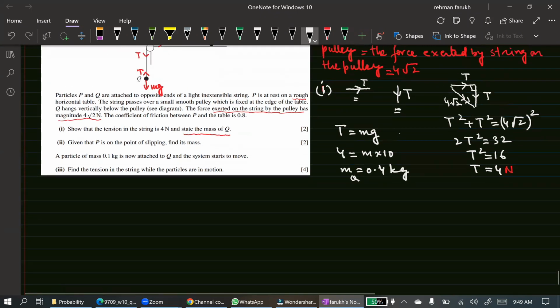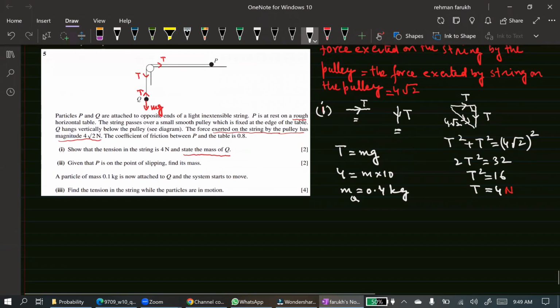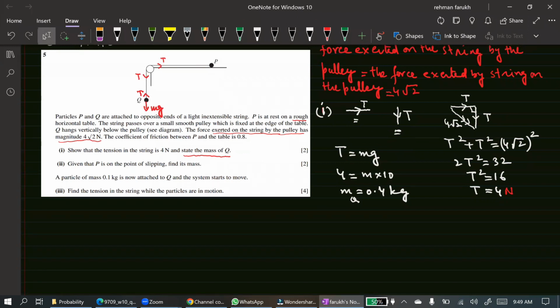Now part number 2. Given that P is on the point of slipping, that is, there is limiting equilibrium, find its mass.